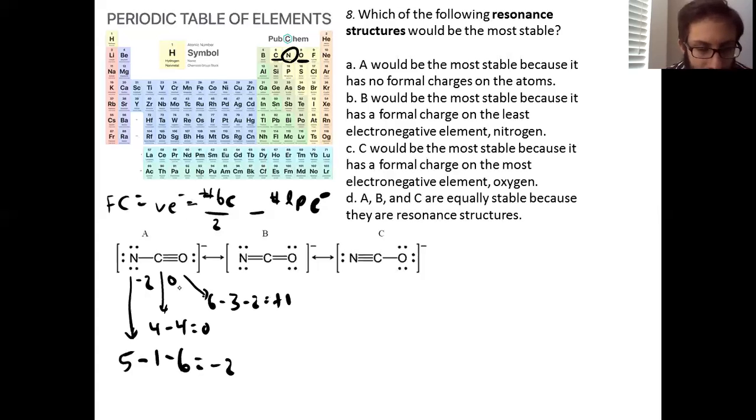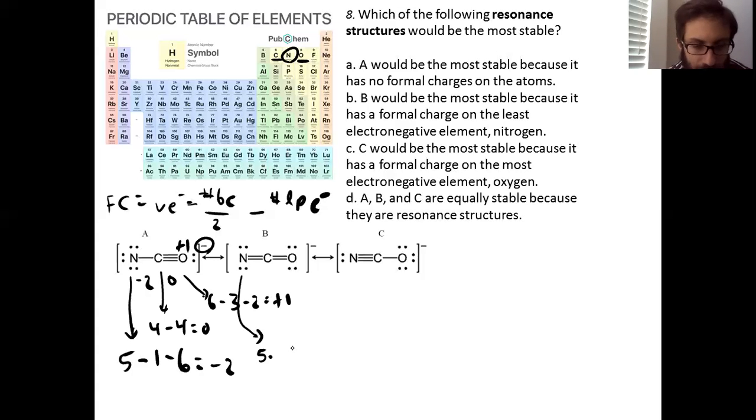Check your answer here. Did this make sense? Minus 2 plus 0 for carbon plus the 1 for oxygen should equal the overall charge, which is minus 1, and it does.